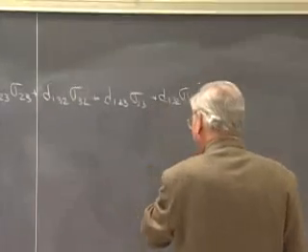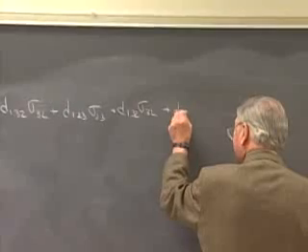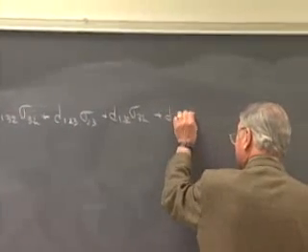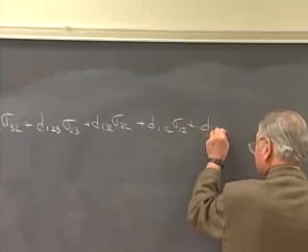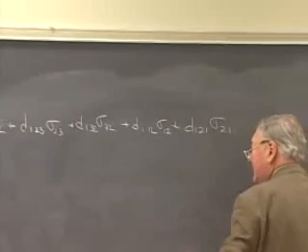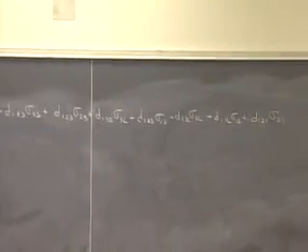And finally, we end up in slot number 6, and we have a D1,1,2 times sigma 1,2, plus a D1,2,1 times sigma 2,1. Look at that. There's an equation that covers 2 whole blackboards.